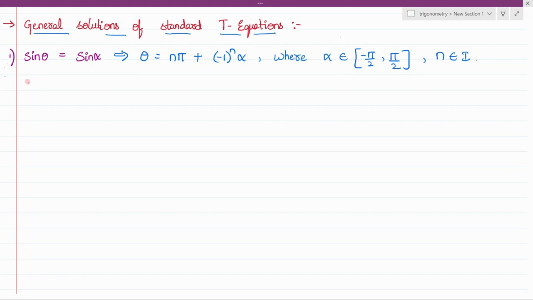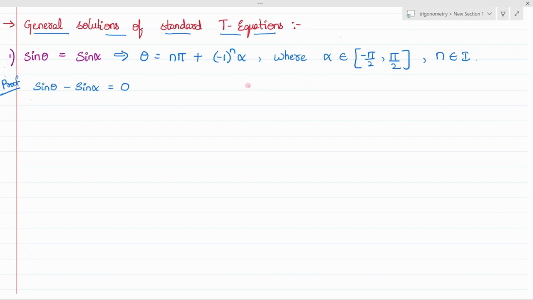So first let's derive this. The proof here is, now this equation can be written as sine theta minus sine alpha is equal to 0. Just apply the sine C minus sine D formula. What is the formula for sine C minus sine D?